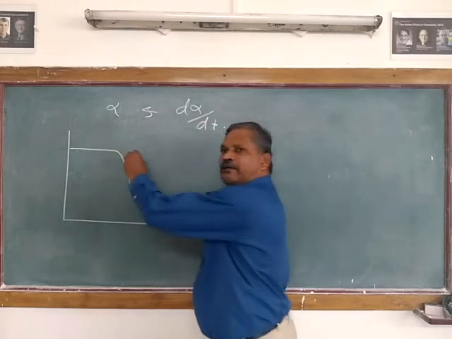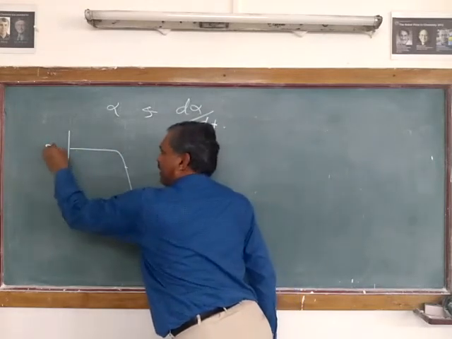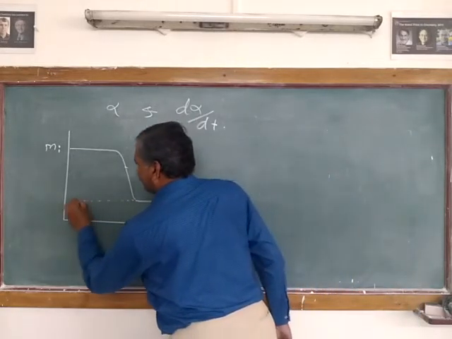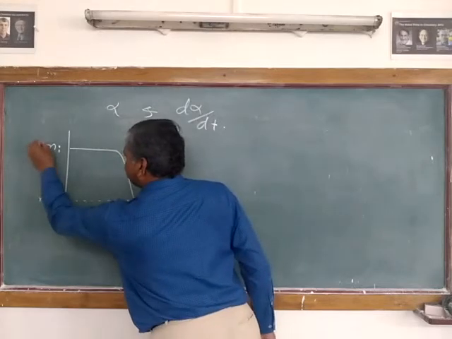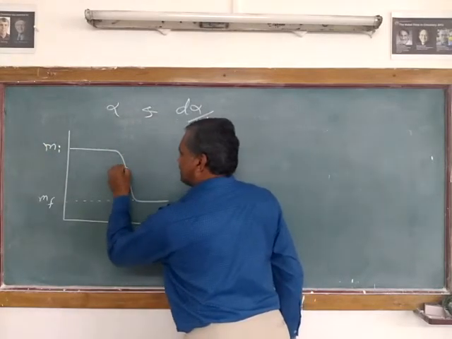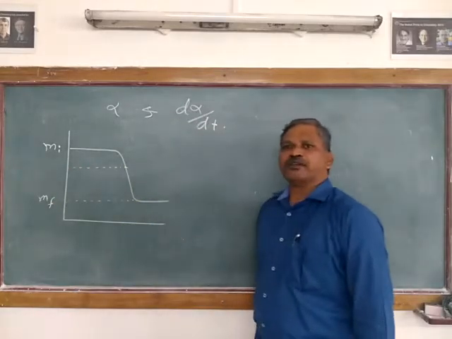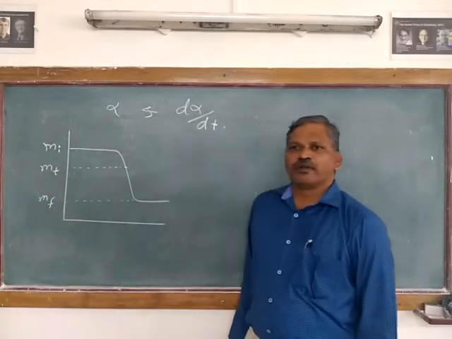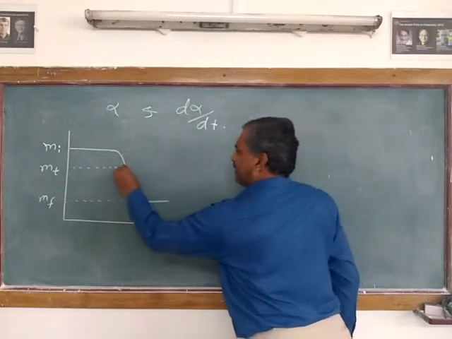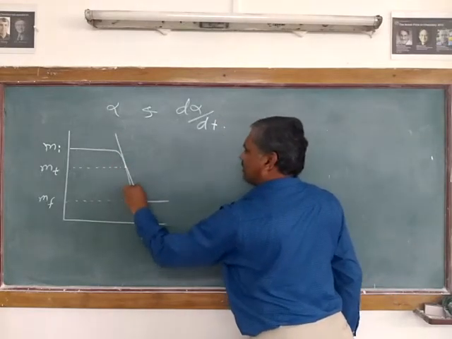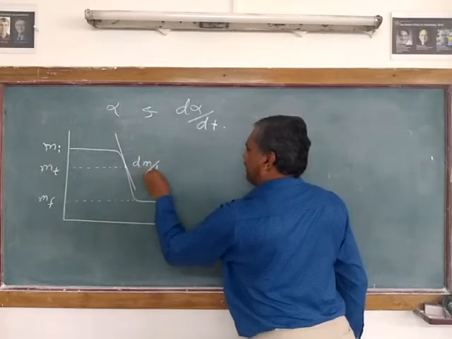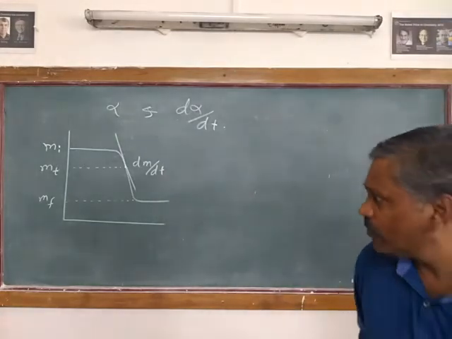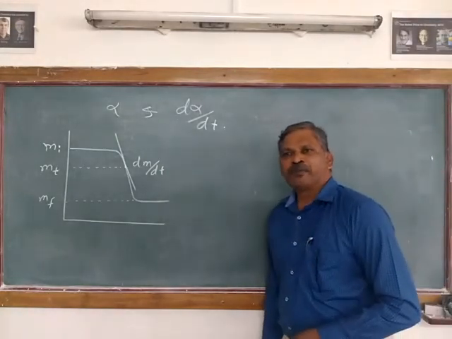So this is mi, the initial mass. This is the final mass, and at this stage, at a particular temperature, whatever the loss in the mass is, that is shown by mt. So the rate at this point, that is dm by dt, the change in the mass with respect to time, can be shown by the equation dm by dt.